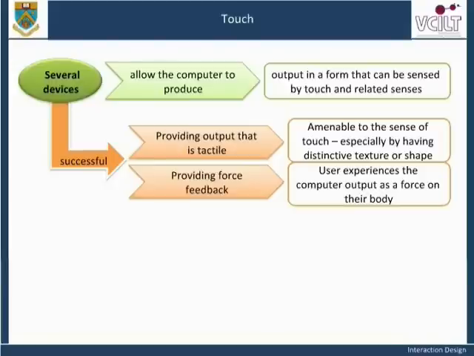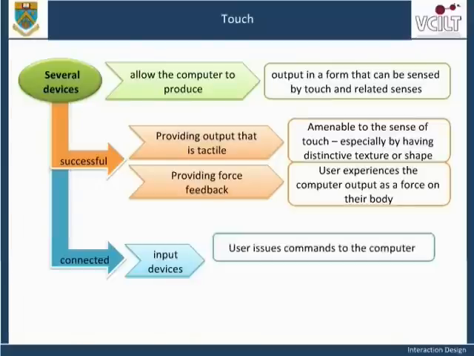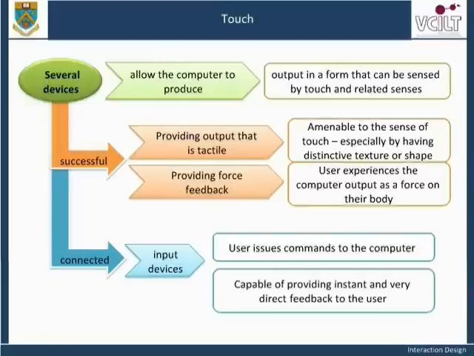In some cases, these devices are intimately connected to the input devices through which the user issues commands to the computer and are therefore capable of providing instant and very direct feedback to the user.